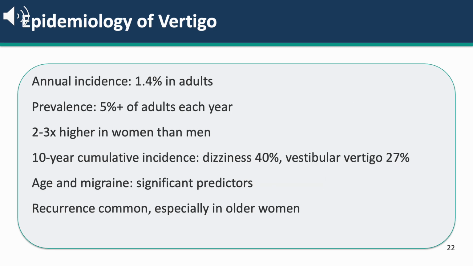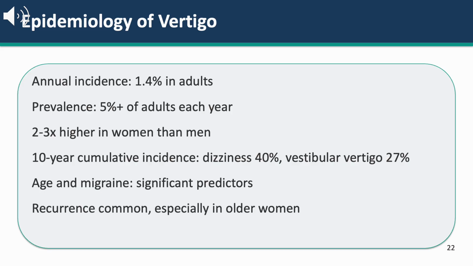Vestibular vertigo is a common problem, affecting 5% or more of adults each year, with an annual incidence of 1.4% in adults. Its prevalence rises with age and is about 2 to 3 times higher in women than in men. Vertigo tends to recur, particularly among older women.